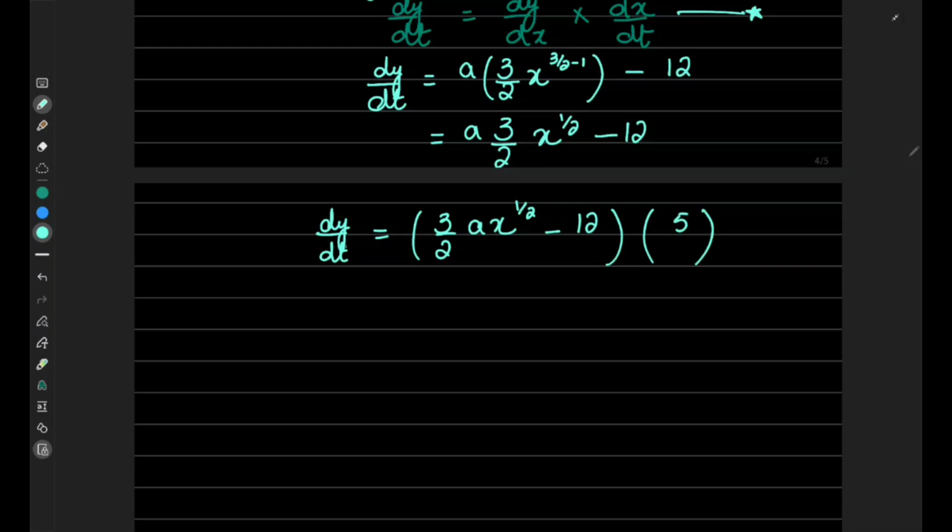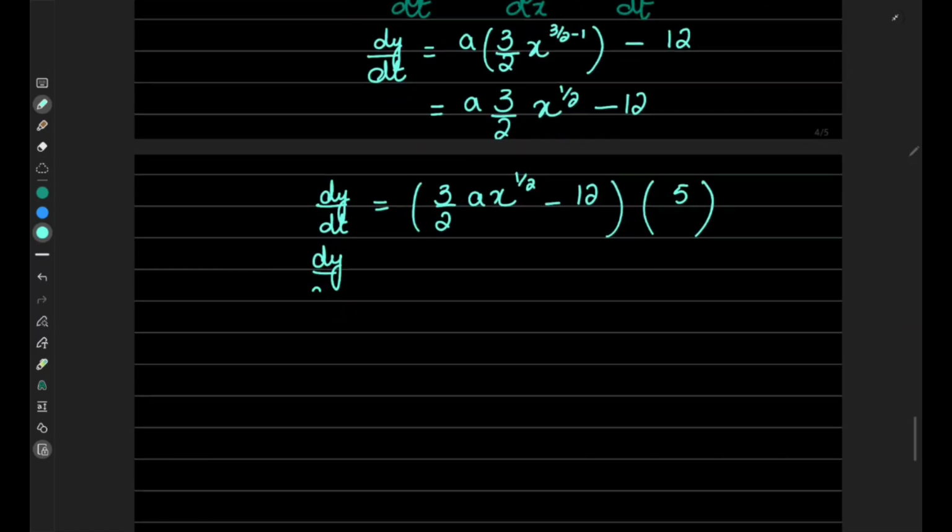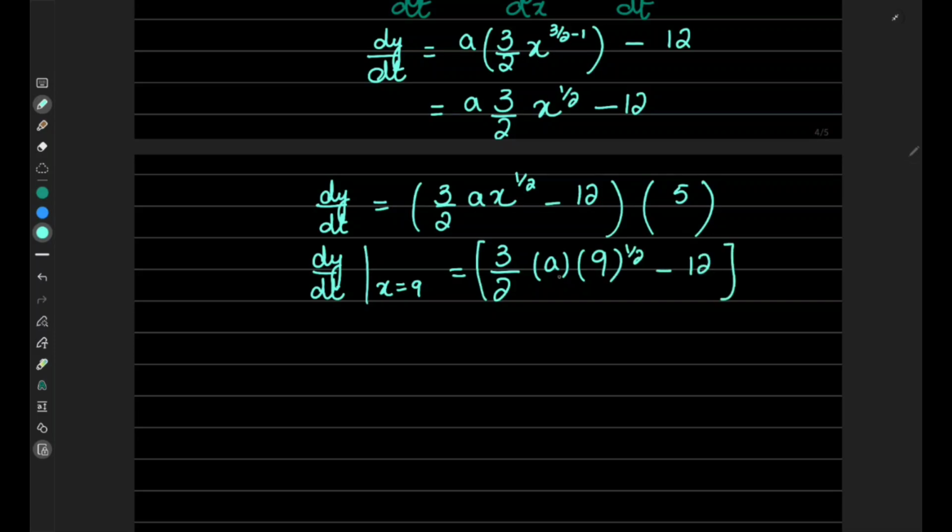And at what value do we need dy over dt? At x equals 9. So let's substitute x equals 9: 3 over 2 a times 9 to the power half minus 12, and the whole multiplied by 5.